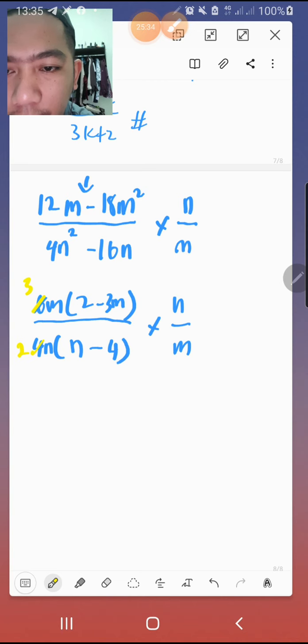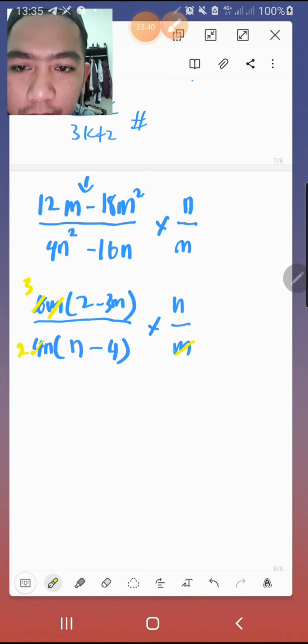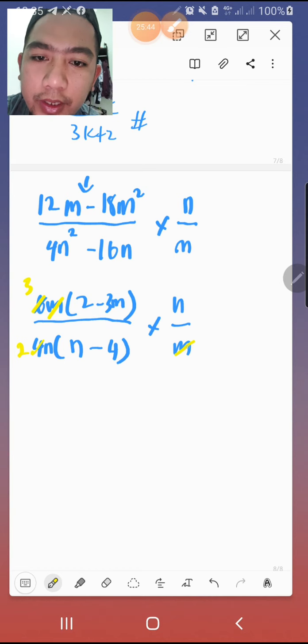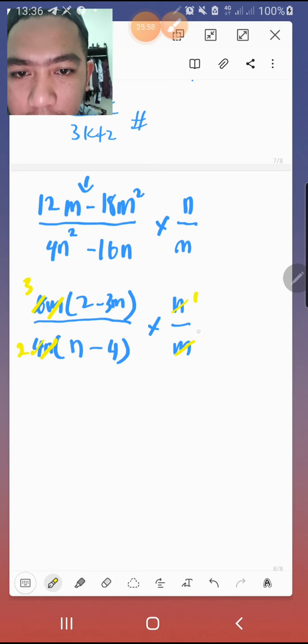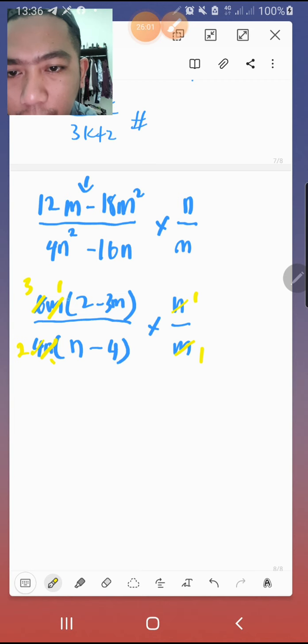Then this unknown m, we can simplify with this m. Make sure you cross. You can simplify the cross unknown also here, and simplify with this m. This m also cross. Okay, so it become 1 1 1.